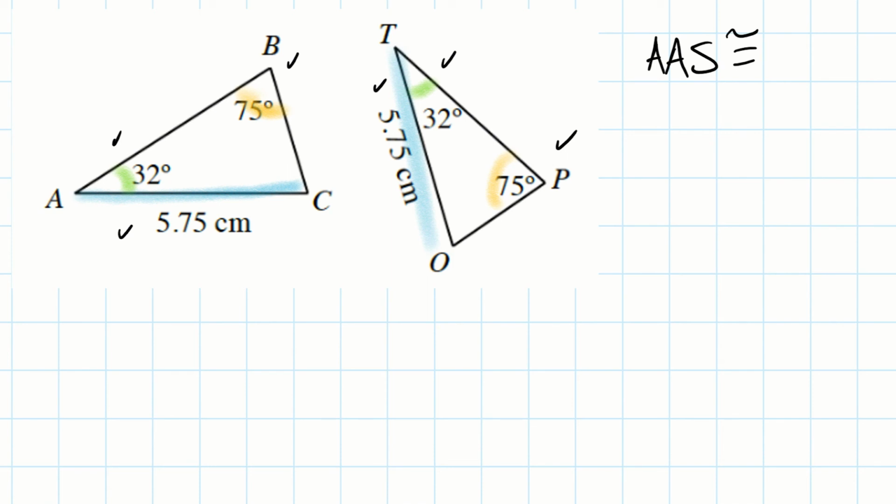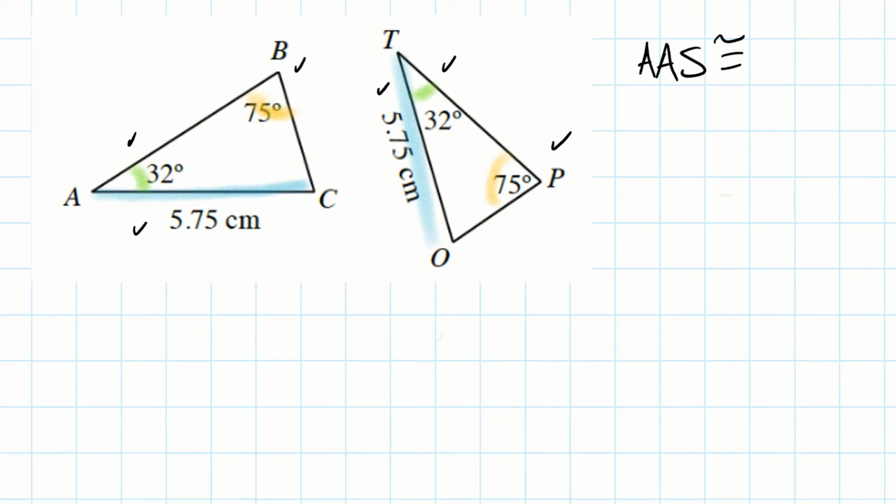So how do I organize that? Well, in order for two triangles to be congruent because of the angle, angle, side congruence condition, three things have to be true. You have to have two pairs of corresponding angles being congruent, and then the same corresponding non-included side being congruent.